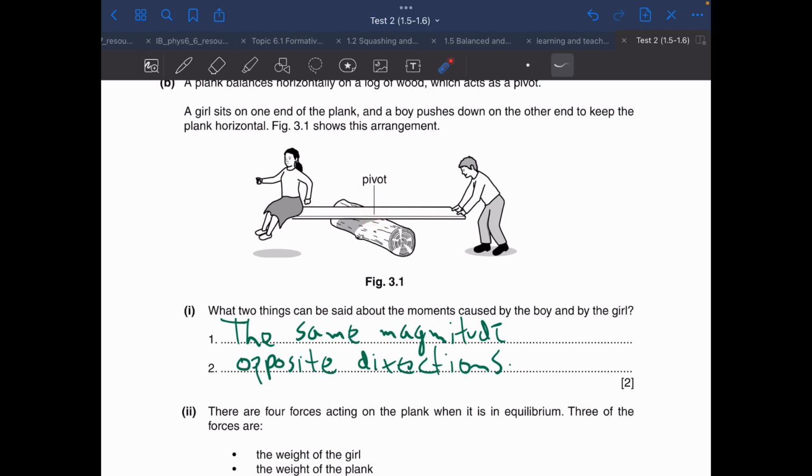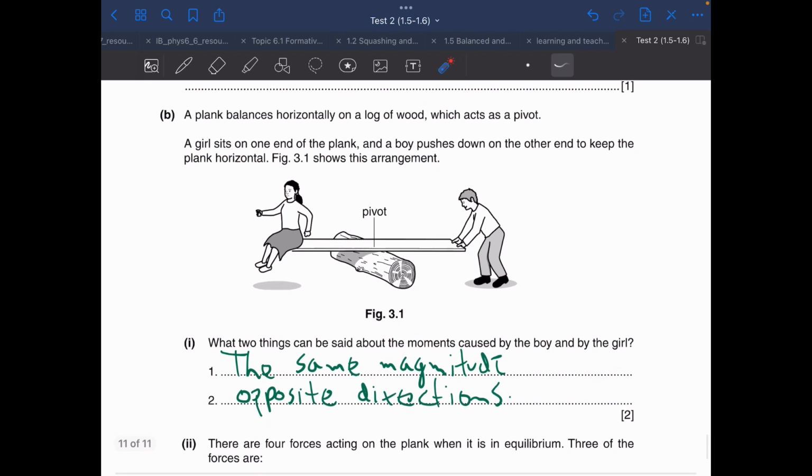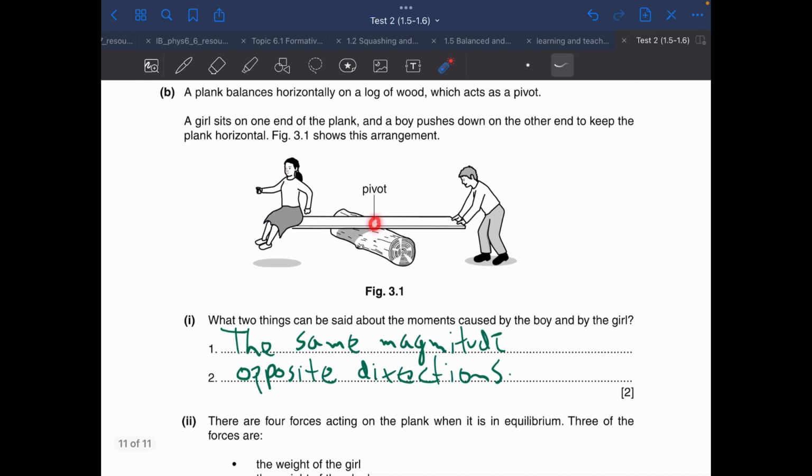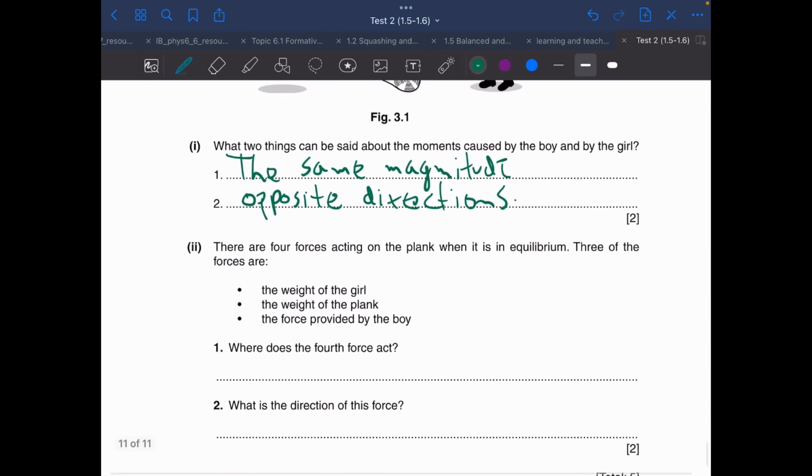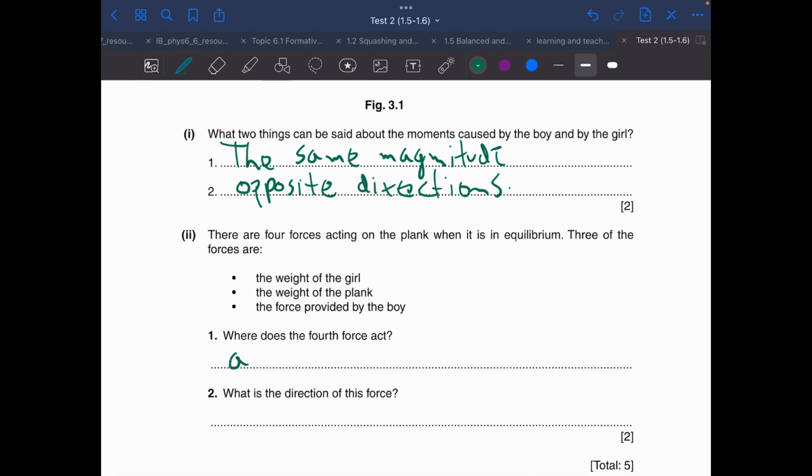So there's a contact force. So if there is contact force, there should be a reaction force. You can label this as R for reaction force, or as N for normal force. So it acts at the pivot point. And what is the direction? The direction is upwards. It's a reaction force, a normal force upwards.